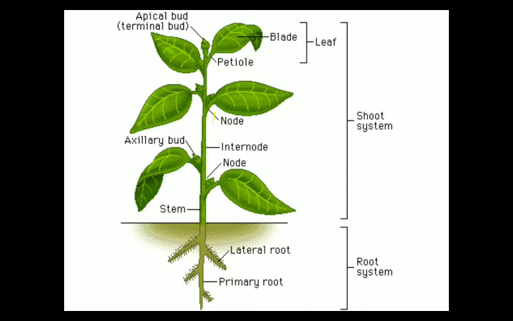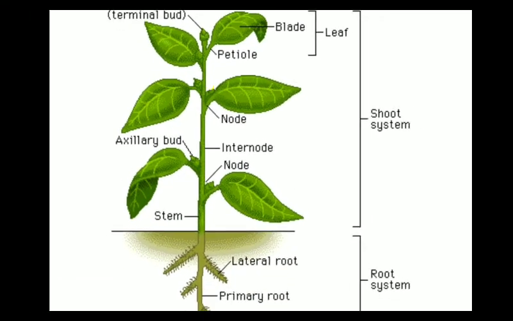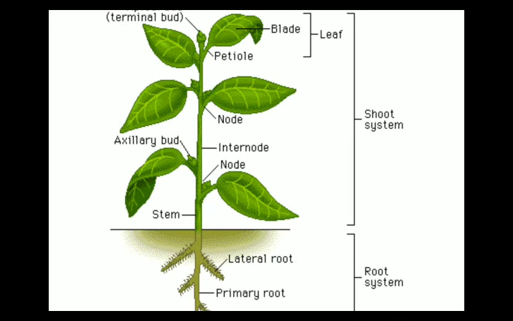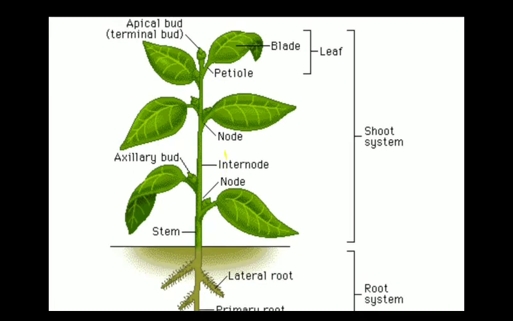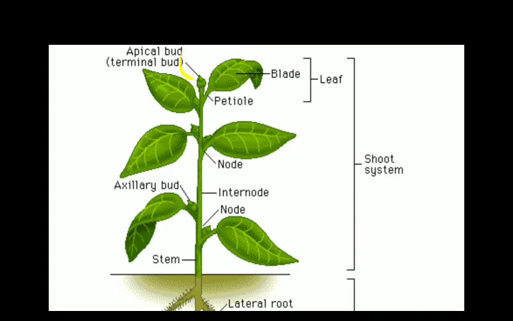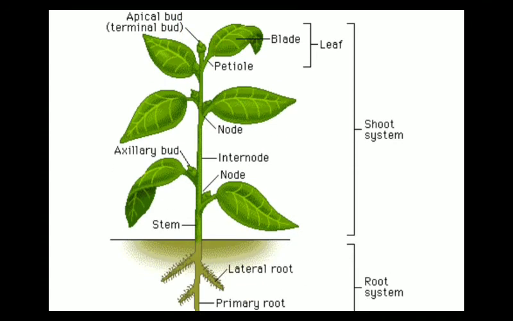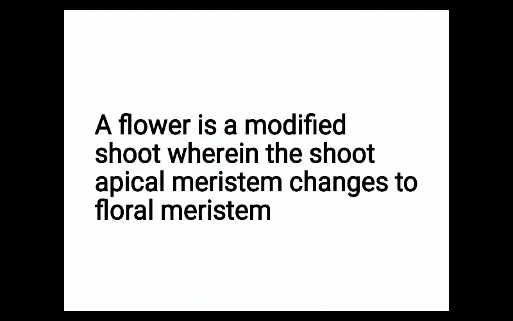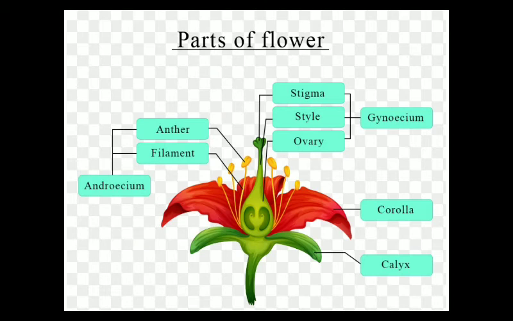So these nodes get condensed, and finally the shoot apical meristem will change to floral meristem, and formation of flower takes place.